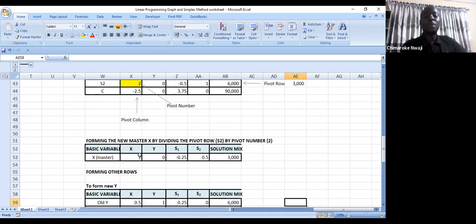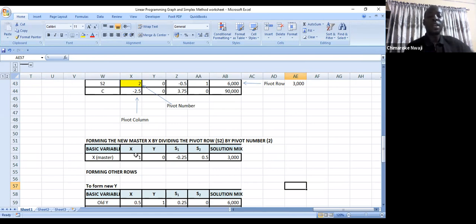Okay, so now how do we do it? We now have to form the master. How do we form the master? We find out that X is not going to be the master. And how do we form the master? S will be replacing X2. So it will be the master now. What will happen is everything we see in S2, we divide them by the pivot number. So we divide them by 2.